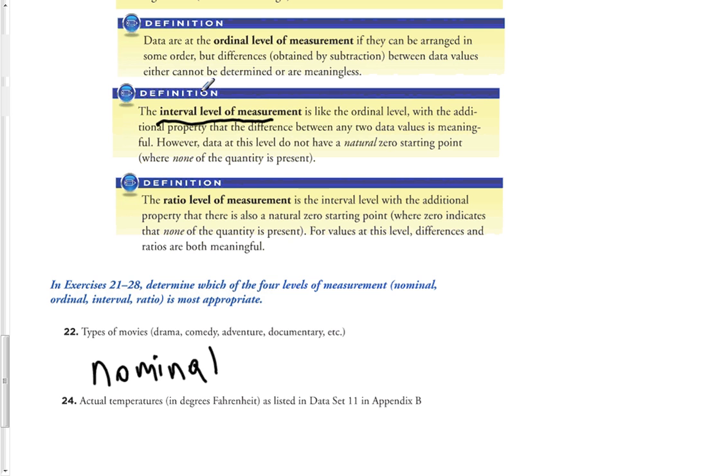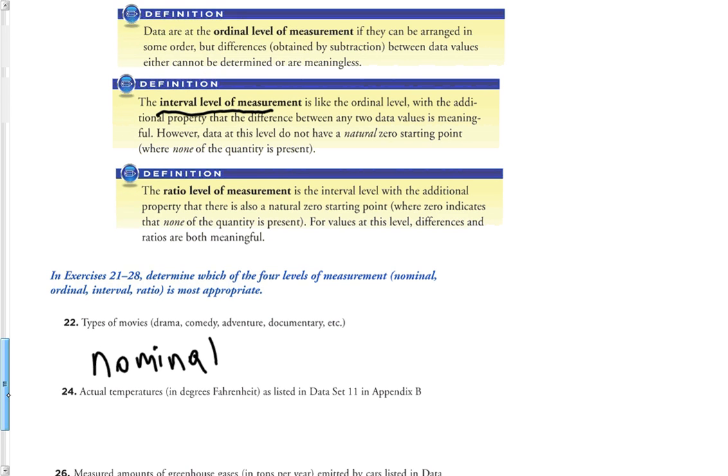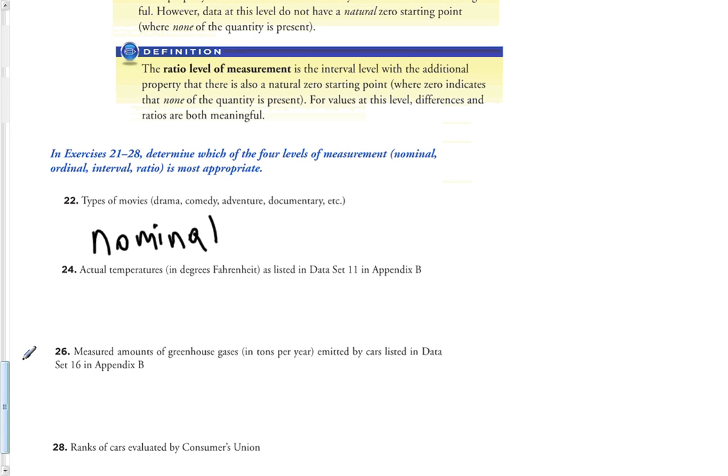Now, what we have to determine is if there is a natural zero for when we're measuring degrees Fahrenheit. Now, let's think about that. Is there a natural zero? Well, since temperature measures the amount of heat in an object, a natural zero for temperature would mean zero heat.